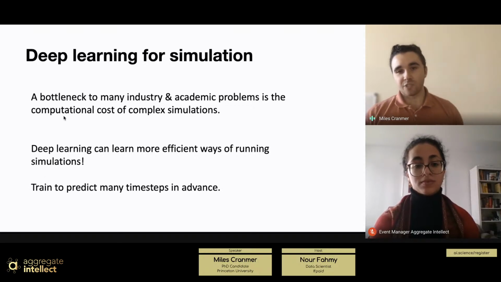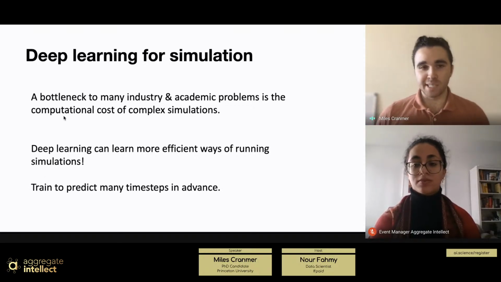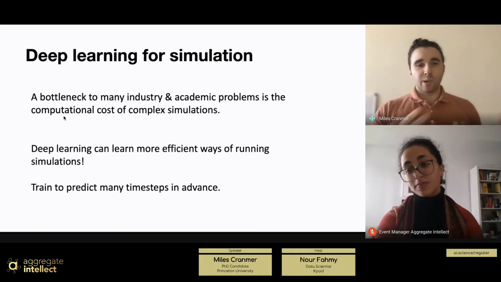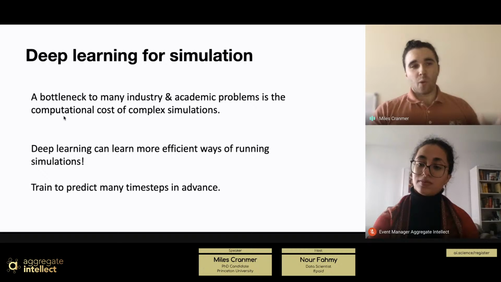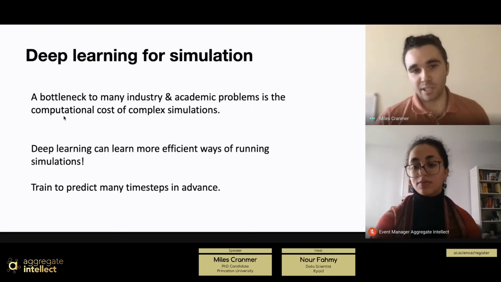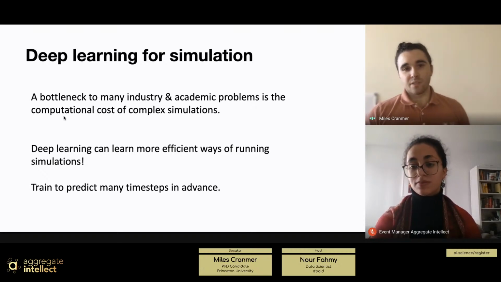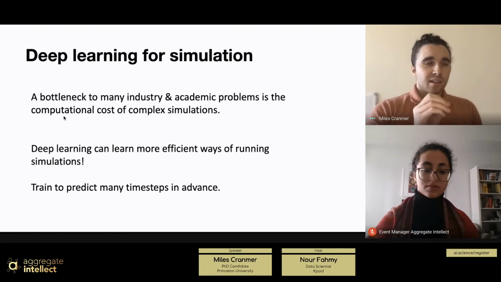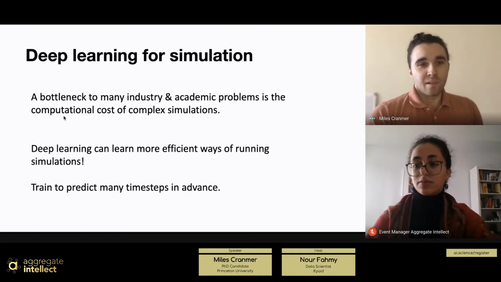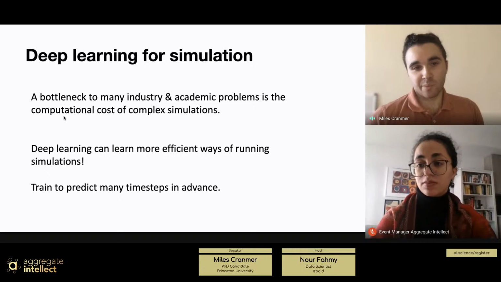A recent really nice example is AlphaFold from DeepMind. They trained this neural network to find a better way of doing protein folding. And there are many examples in fluid dynamics, where they can speed up your simulation by orders of magnitude.